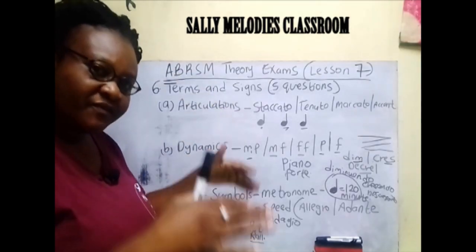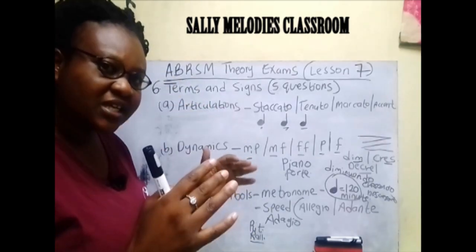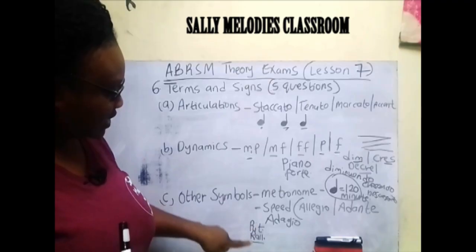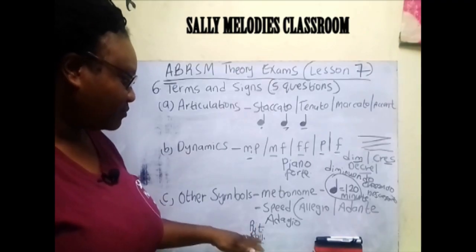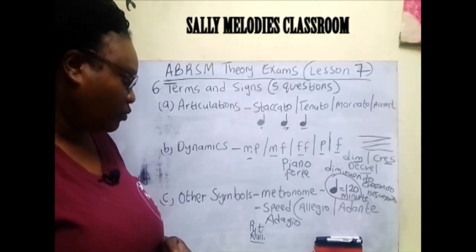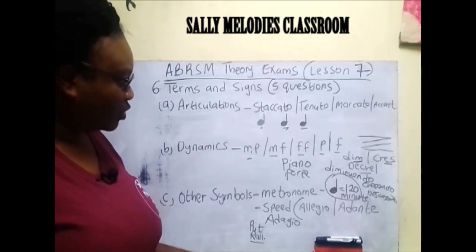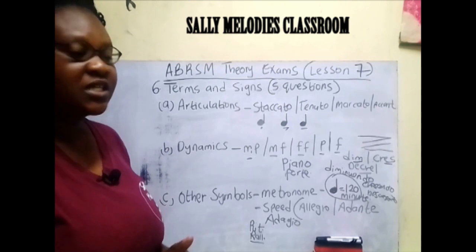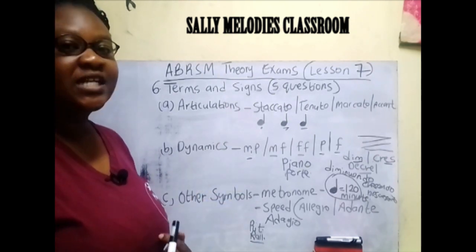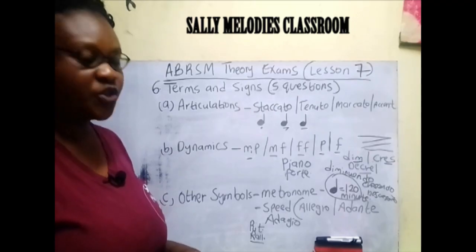You are singing very fast, and then you come and slow down. That rit and rall means that the tempo has changed. You can Google all these things on the internet and you will get the answers and you will get the concept and you will get the resources.